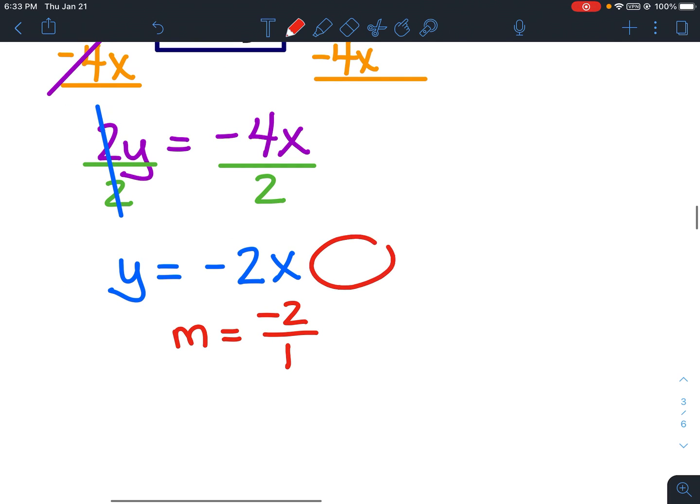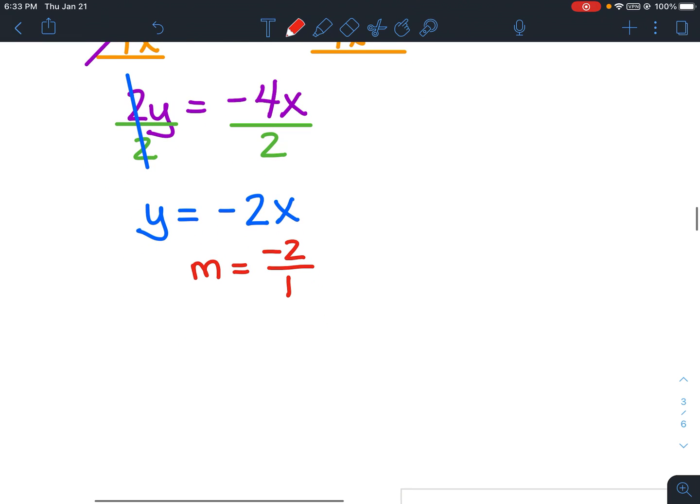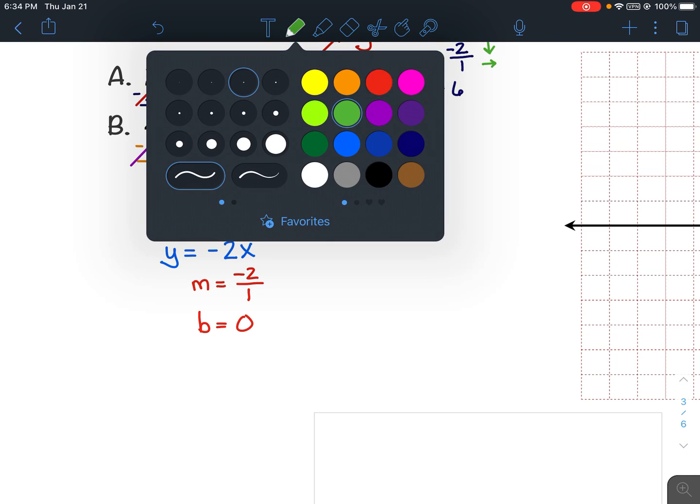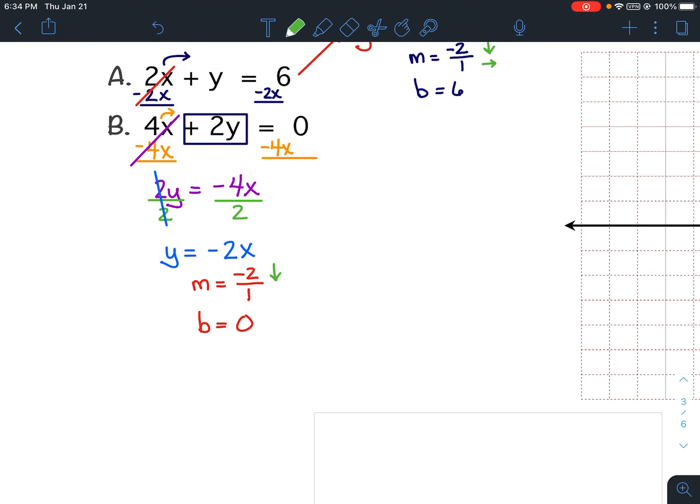Notice how there's no number behind x. When there is nothing behind x, that means the y-intercept is 0. It is a negative slope, so the line will go down and to the right.